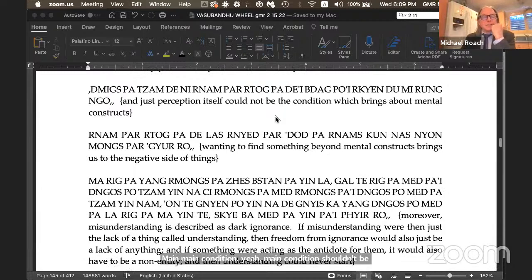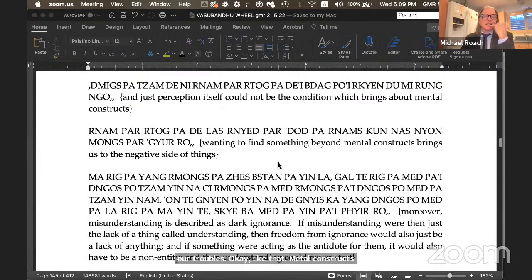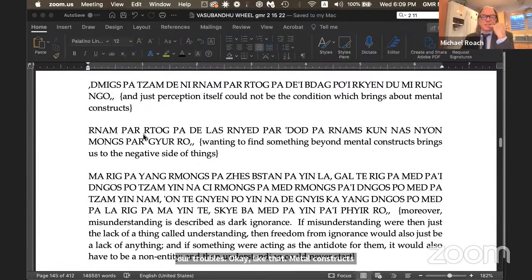I think what he's saying is if the opposite of marikpa is rikpa, which means understanding or perceiving something, then how could that cause all of our troubles? Mental constructs. And what's number topa in the next sentence?